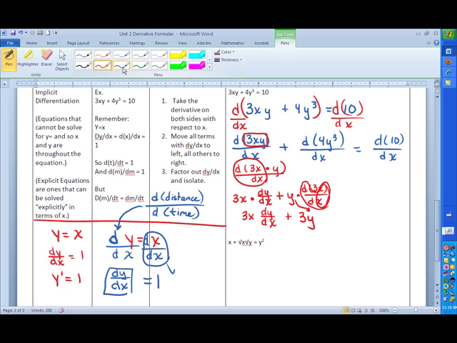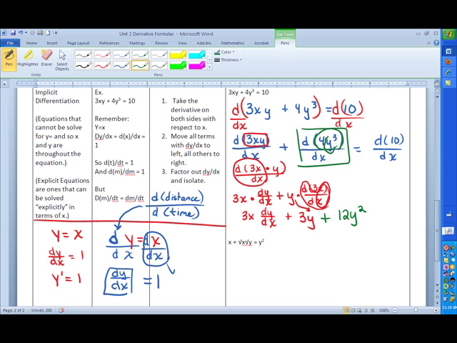Now let's do the second term, which I'll put in green, and that is the derivative of 4y cubed with respect to x. First, we follow the power rule, so we're going to do 3 times 4 is 12. We're going to reduce the power by 1, so that brings me to a 2.